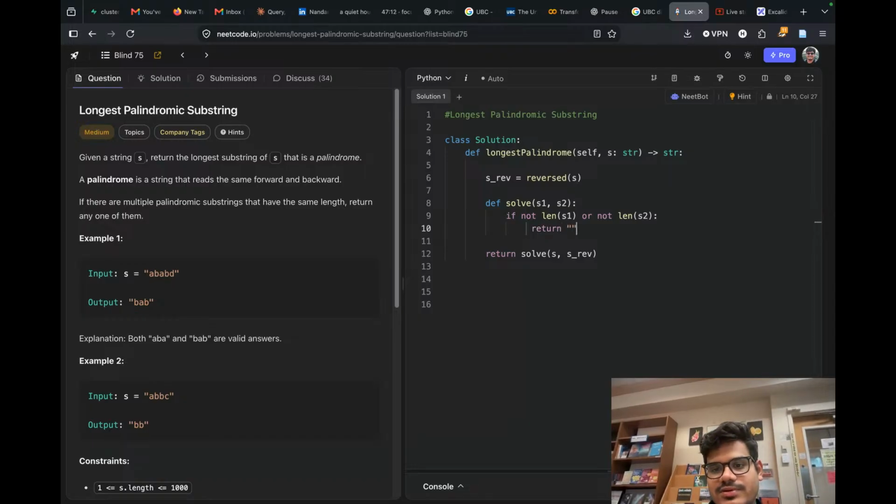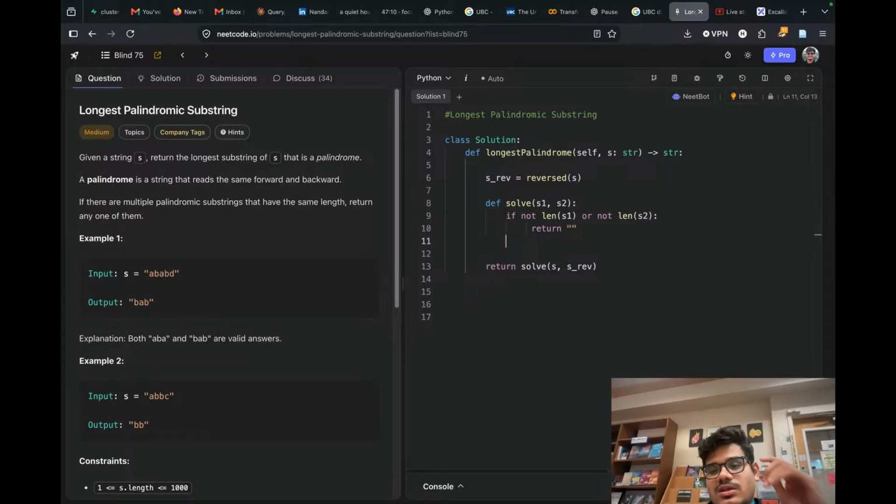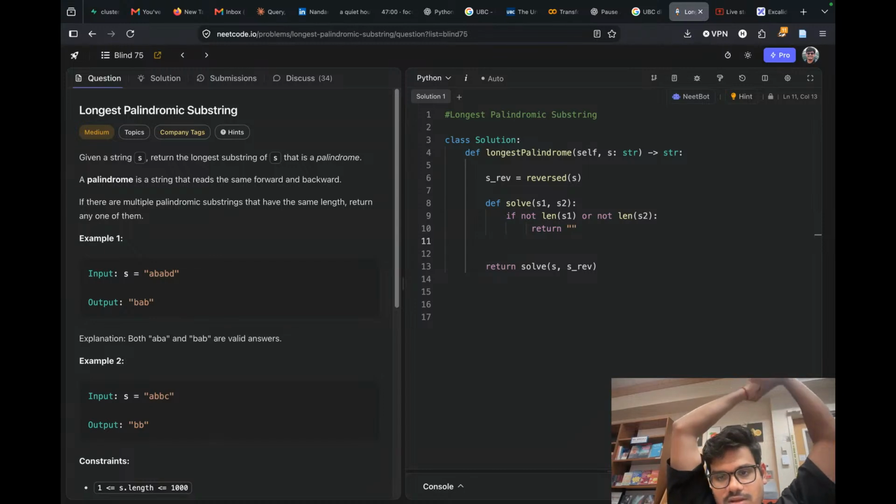It is not possible, right? And now actually we have to return the substring, right? Correct.